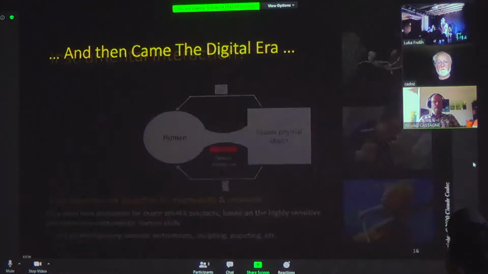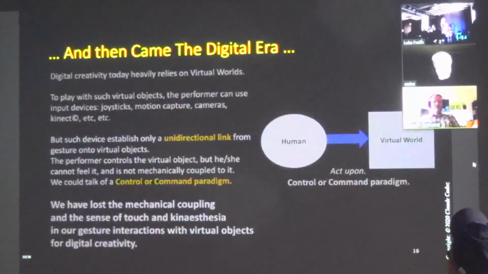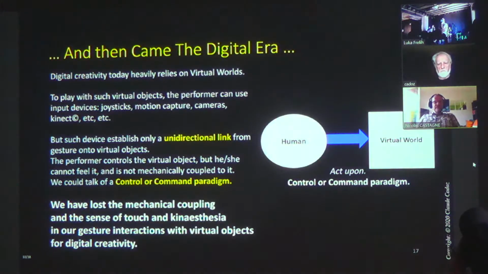And then, about 50 years ago, came the digital era. And it did change quite a lot of things. Today, digital creativity heavily relies on virtual worlds. To play with such virtual objects, the performer can use, of course, many gesture input devices: motion capture, joysticks, cameras, Kinects, etc. But all these devices establish only a unidirectional link from gesture onto virtual objects.